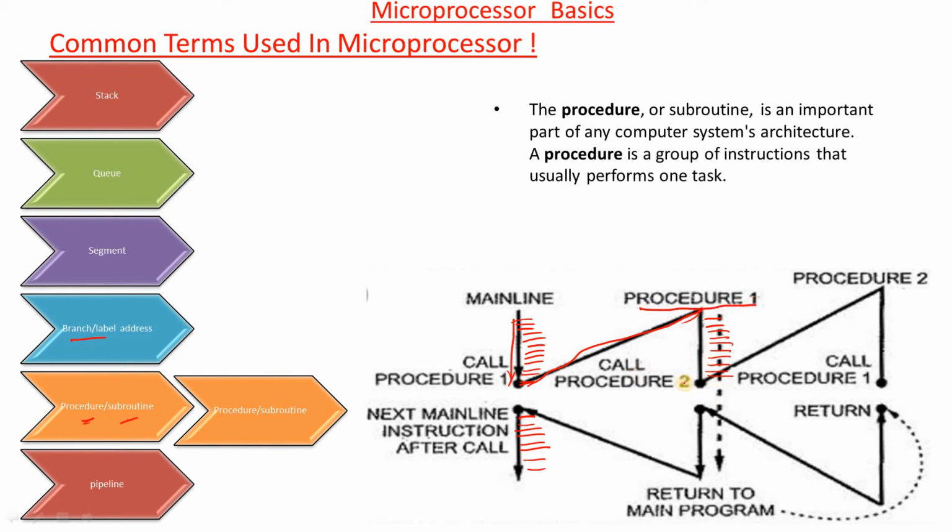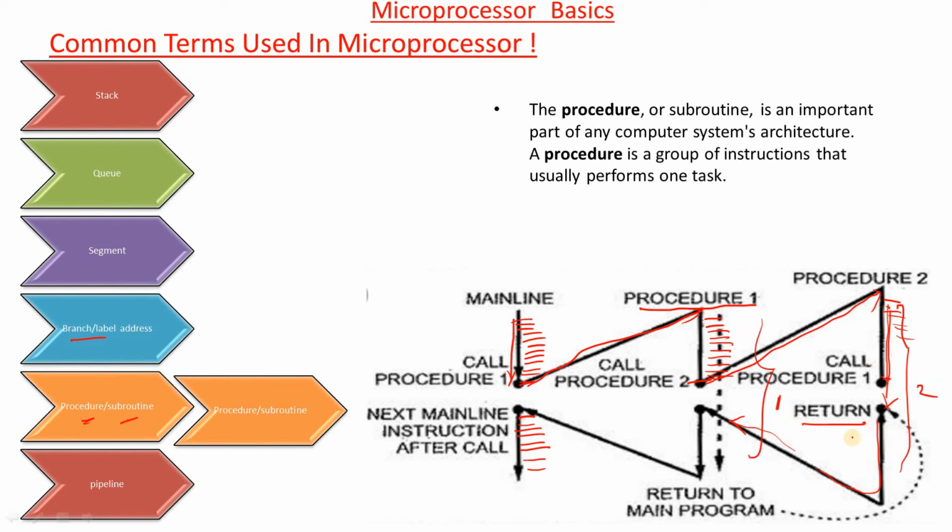While it is executing, if another call, that means procedure call 2, is executed, again the cursor goes to another procedure program. So again, the procedure program starts the execution from the first instruction onwards. After completion of the complete instruction, with the help of return, the cursor goes back to the previous procedure 1. So this is subprogram 2, this is subprogram 1.